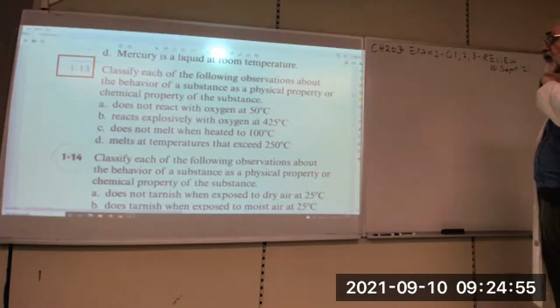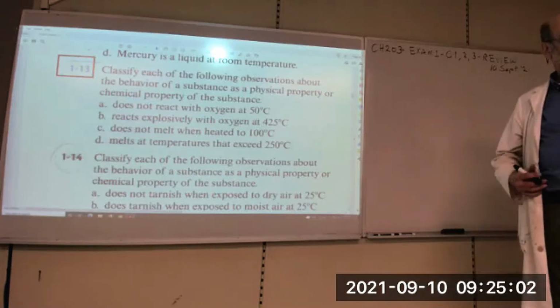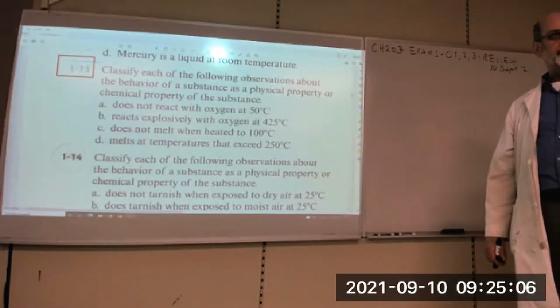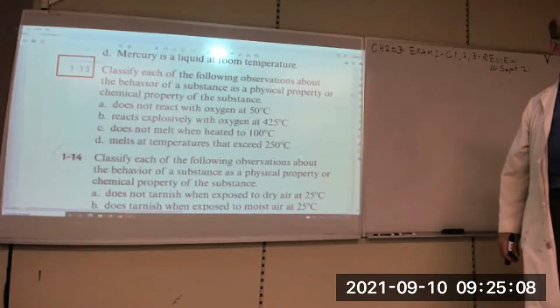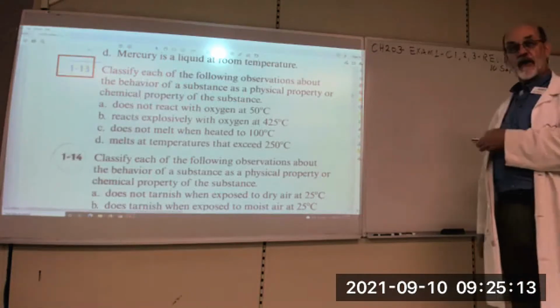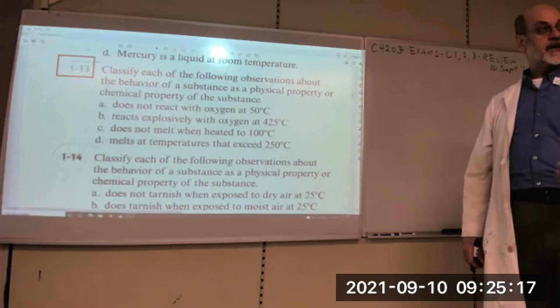Classify each of the following observations about the behavior of a substance as a physical property or a chemical property. Okay. So remember, properties are like potential. What does this substance have the potential of doing? If it's a physical property, it only describes potential physical change.